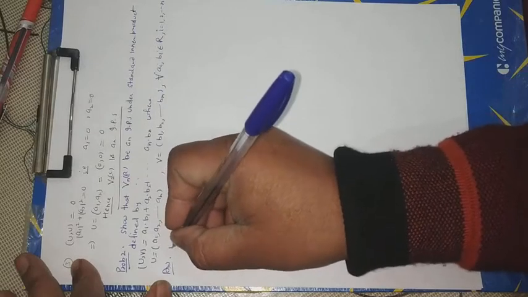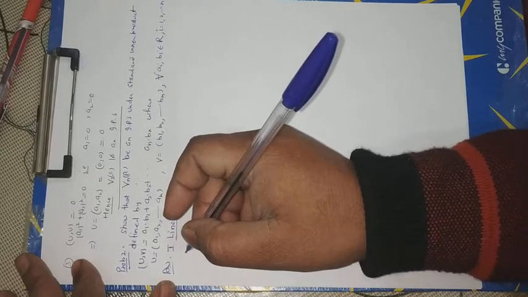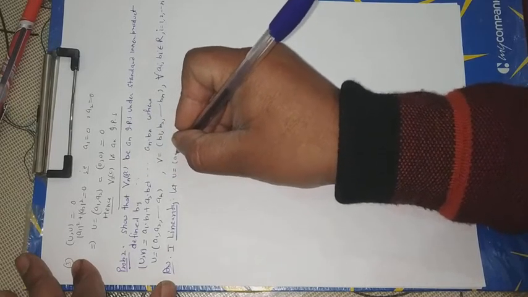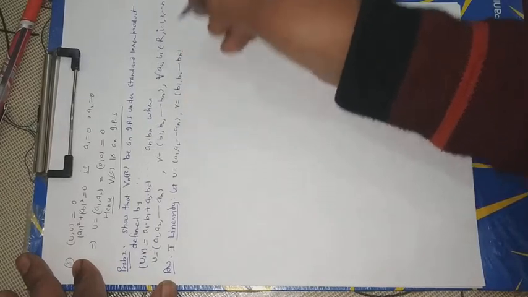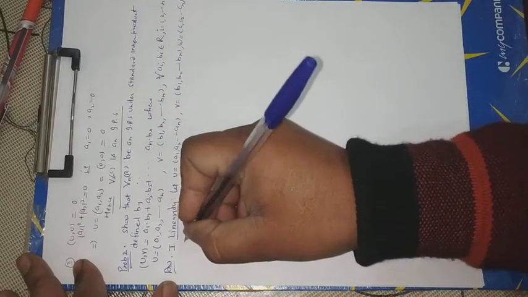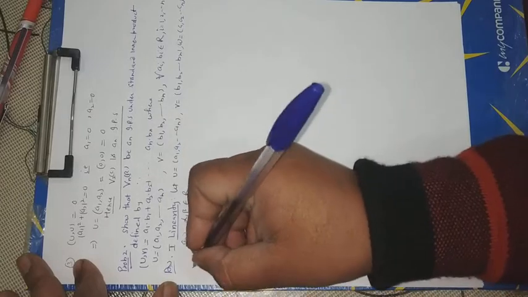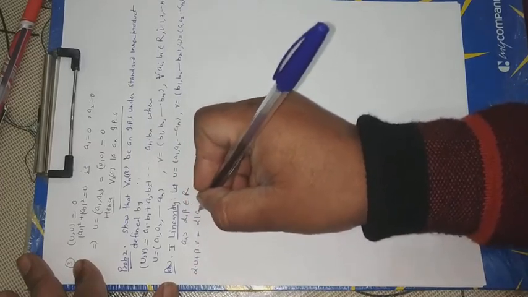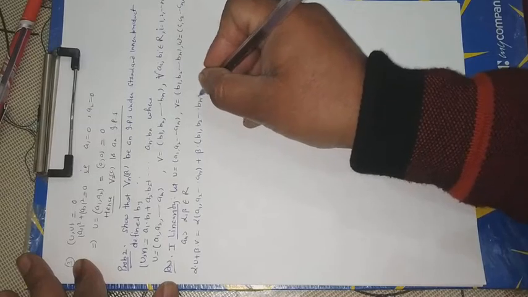Now first we show linearity. For linearity, take u is equal to (a1, a2, up to an), v is equal to (b1, b2, up to bn), w is equal to (c1, c2, up to cn), and alpha, beta belongs to R. Now take alpha into u plus beta into v, which is equal to alpha (a1, a2, up to an) plus beta into (b1, b2, up to bn).